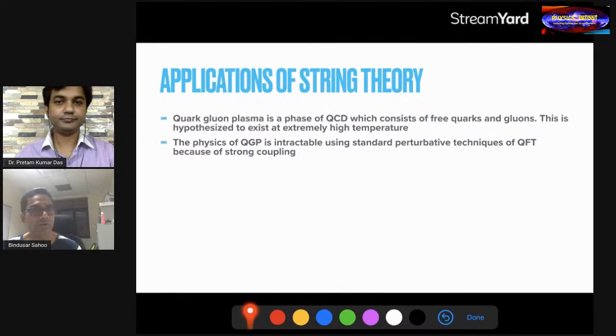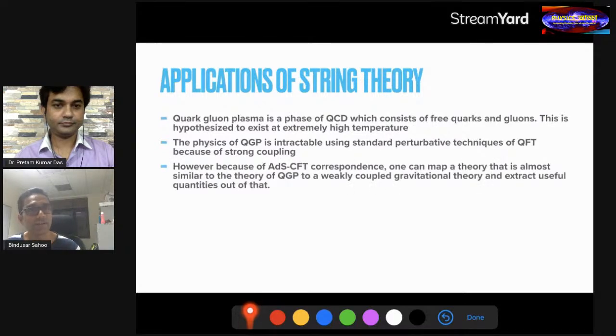The physics of quark-gluon plasma is intractable using standard perturbative techniques of quantum field theory because of strong coupling. Perturbative techniques can apply when the coupling is weak, but because QGP has strong coupling, you cannot use them to study its physics.